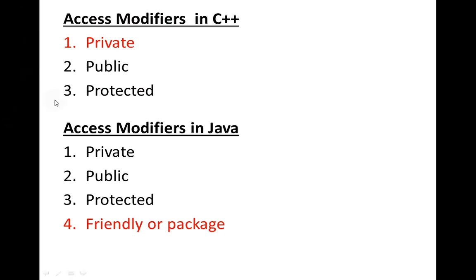Similar to C++, Java also supports four access specifiers: private, public, protected and default. By default, in case of C++, the access specifier is private, whereas in case of Java, it is friendly or package. Note down, this friendly or package is not a keyword here.